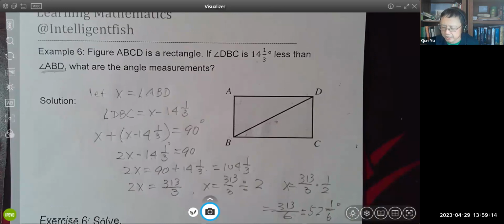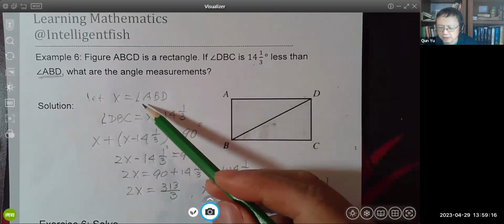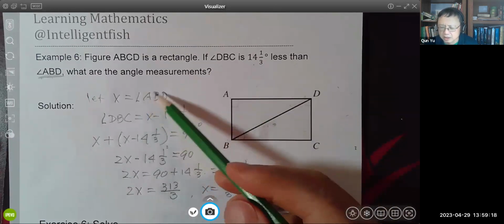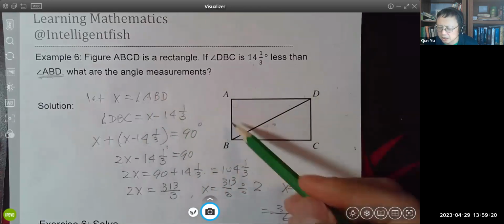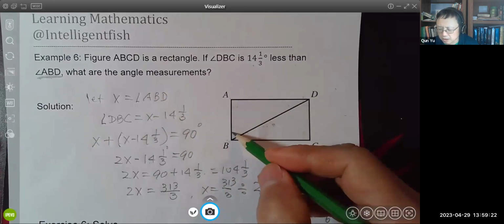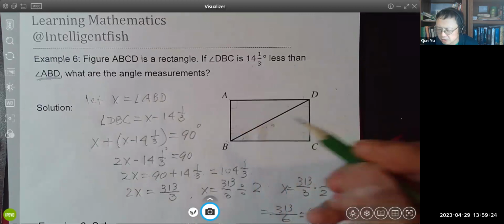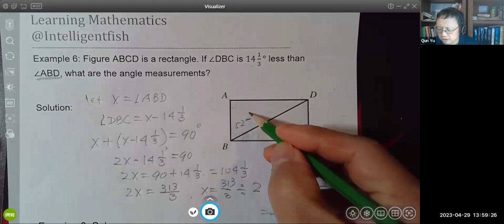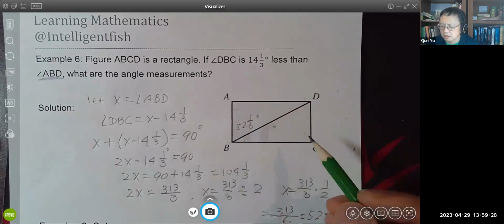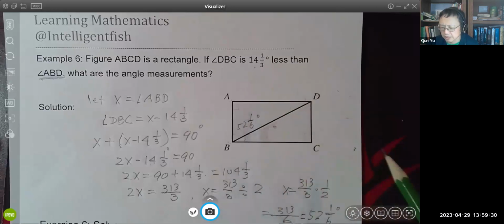That is our x, which we designated as angle ABD. So this one is 52 and 1/6 degrees. And the other one, angle DBC, is 14 and 1/3 less.